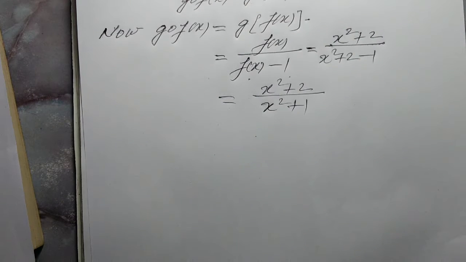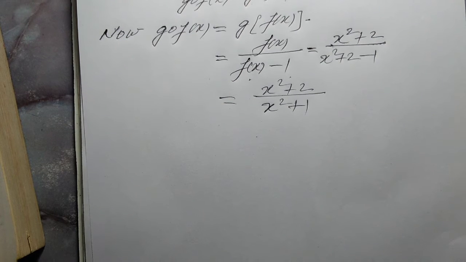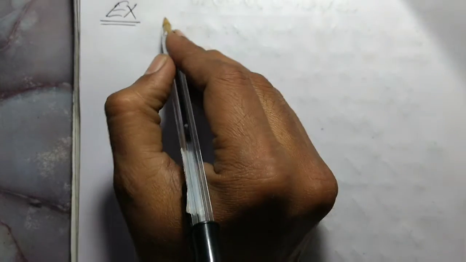So this is gof. So we have discussed the composite functions fog and gof, and the necessary condition for existence of a composite function. Let us take another example.